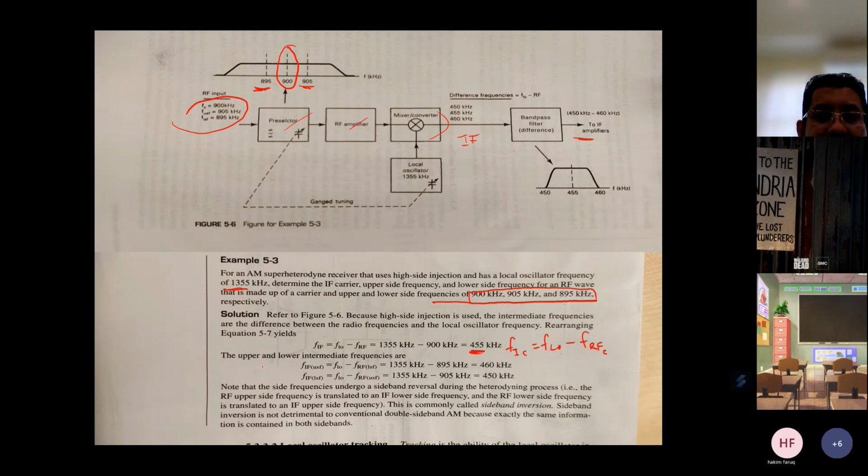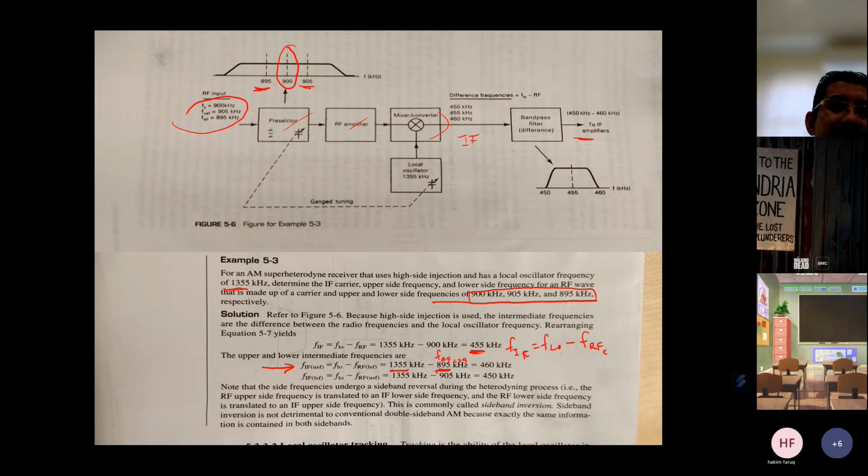And when you want to find the upper sideband FIF, USF, upper side frequency, so that means kita kena buat FLO minus FRF LSB, iaitu 895.